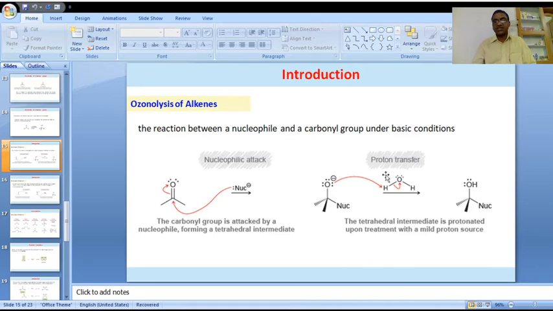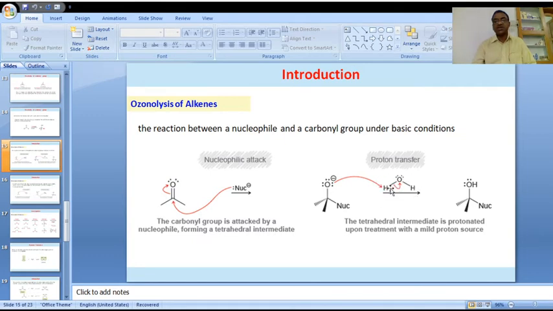Here breakage takes place between O and H. This particular tetrahedral intermediate is protonated upon treatment with a mild proton source. This water molecule is a mild proton source.